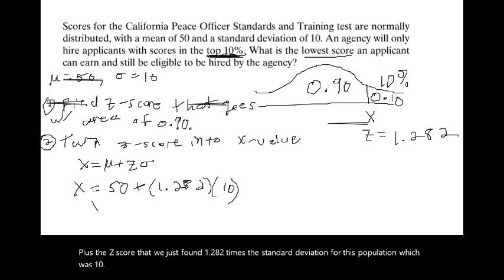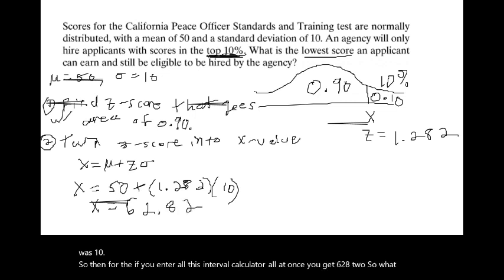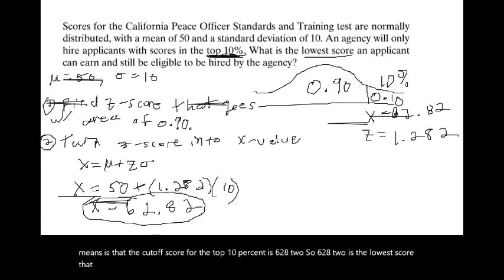So if you enter all this into a calculator all at once, you get 62.82. So what this means is that the cutoff score for the top 10% is 62.82. So 62.82 is the lowest score that an applicant can earn and still be eligible to be hired by this agency.